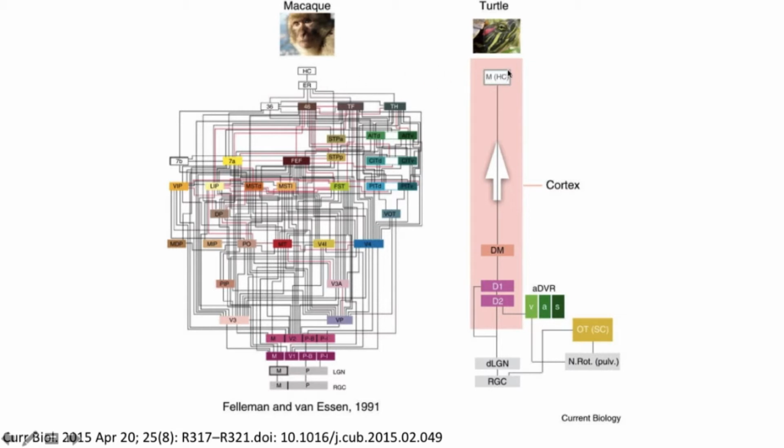So that's common between both of them. However, when we are talking about a monkey, it goes through so many different regions in the brain. So the path of the signal is quite complicated. On the other hand, the turtle's path is very simple and straightforward relatively, in comparison with the macaque.